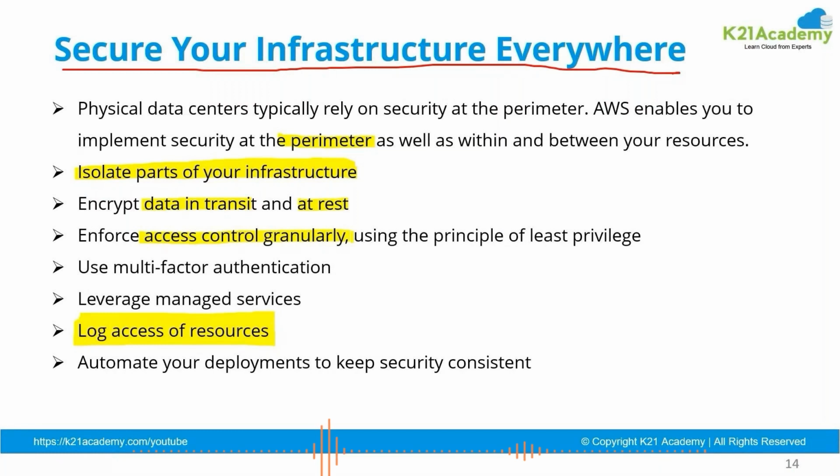That means you should create users and each user should be given only the amount of permission which is mandatorily required by the user for functioning, not more than that. Consider multi-factor deployment, try to use managed services, and always automate the security policies.